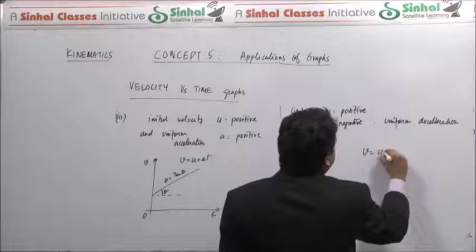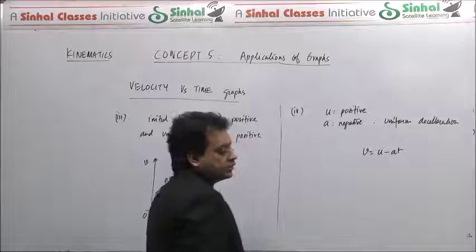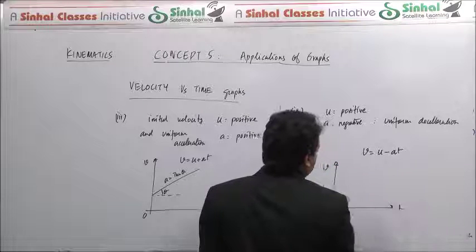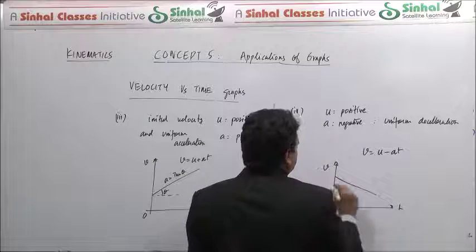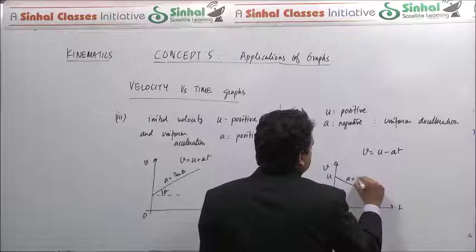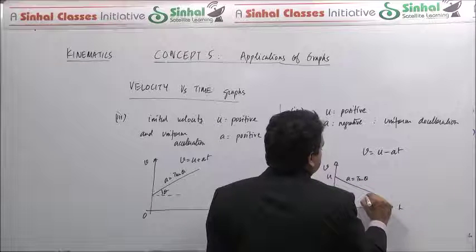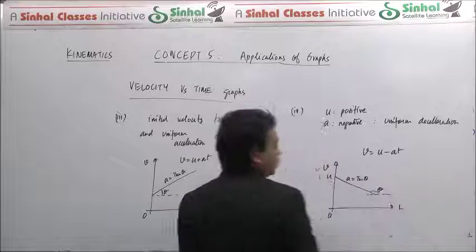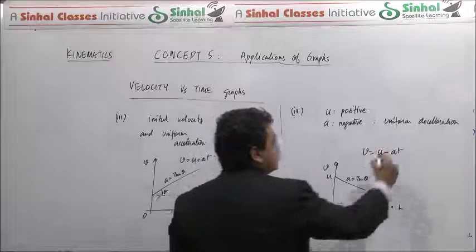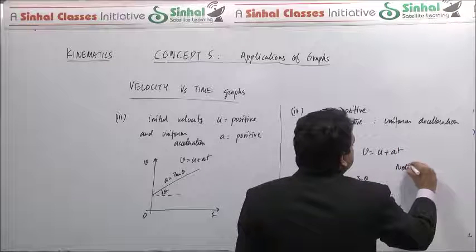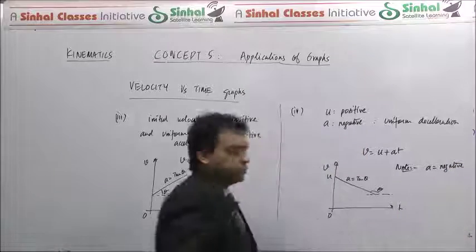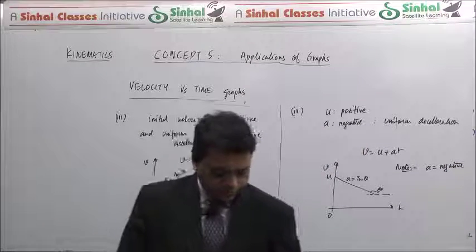Here the equation will be V is equal to U minus AT, because A is a negative quantity. Actually, we write it as V is equal to U plus AT, but here A would be a negative quantity. So hence, tan theta is negative.